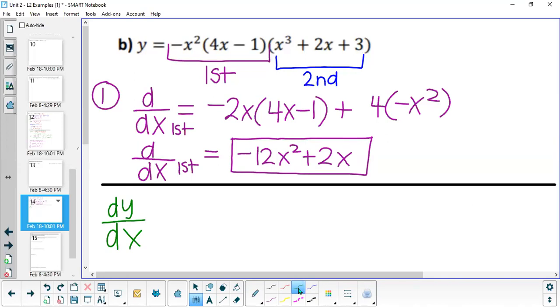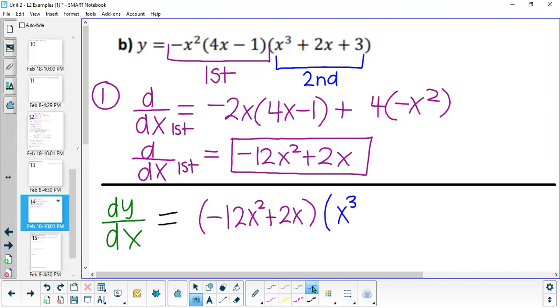Okay, so I'm going to now take, let's see, what did I want to say? I want to take negative 12x squared plus 2x. I'm going to write that down first. So I'm going to write in purple, negative 12x squared plus 2x. And in blue, x cubed plus 2x plus 3.